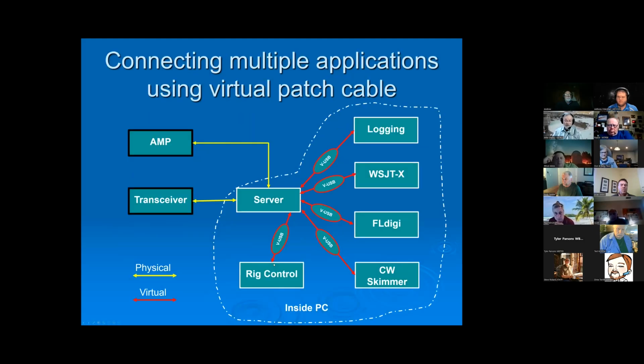So this is what the picture looks like now. That dotted line around there, everything inside that dotted line is all running inside the PC. We know that inside our PC, we don't have the ability to physically run USB cables.